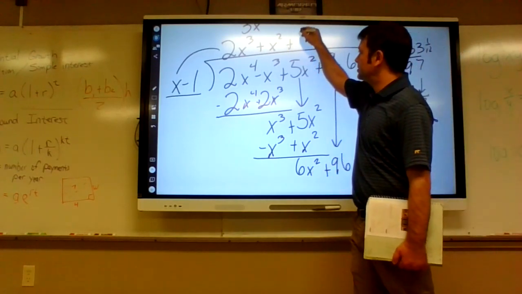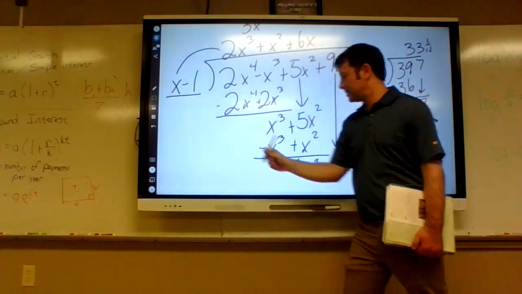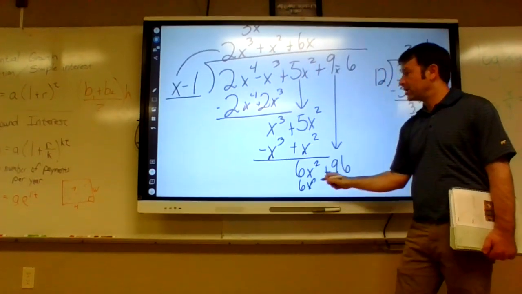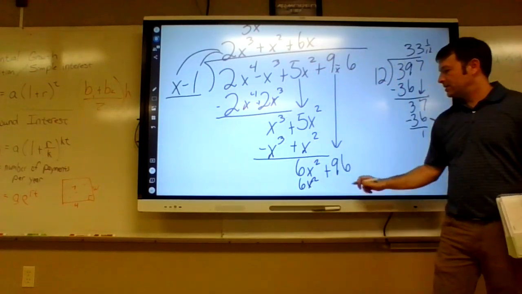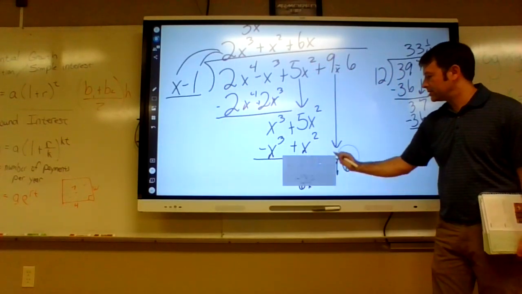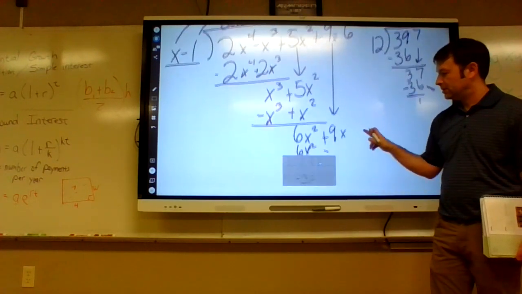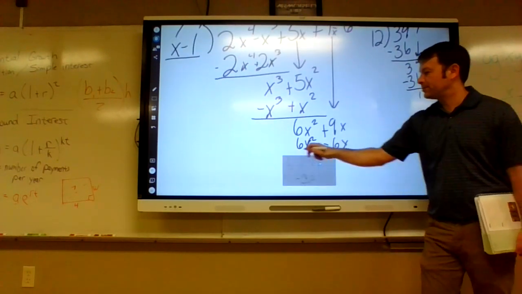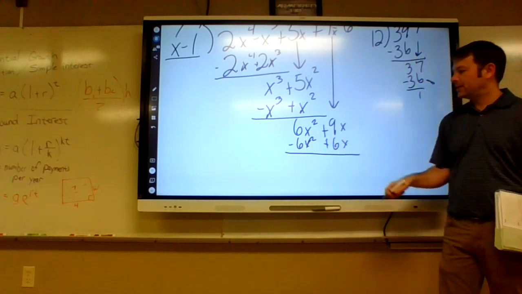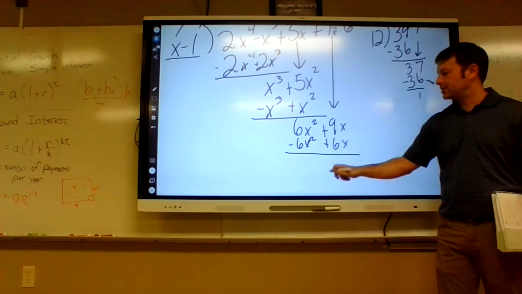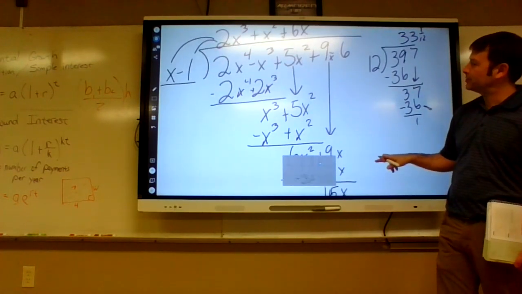So 6x. 6x times x is 6x squared, and 6x times minus 1 is minus 6x, but we have to subtract the bottom line, which means we need to add that again. 9x plus 6x, 15x. Bring down the last one, we're almost done.